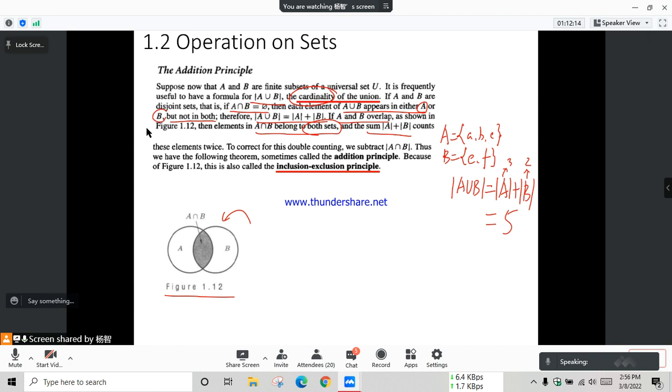To correct for this double counting, because we count the elements in the shaded part twice, we must subtract the cardinality of the intersection of A and B. We subtract this part because when we calculate this, we count this part twice.